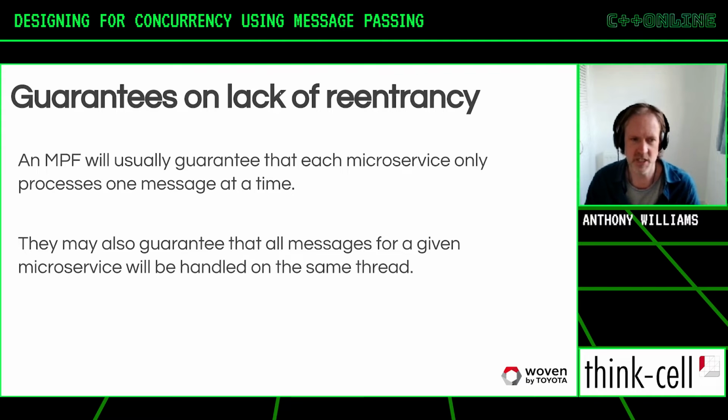So if your message passing framework provides that guarantee, then that makes it easy to do. You just say, well, I have this one microservice that relates to this given GUI element, and then I know that every message that gets processed by that microservice is on the same thread and can therefore interact nicely with the GUI element without also then having to proxy to a particular thread for doing that.